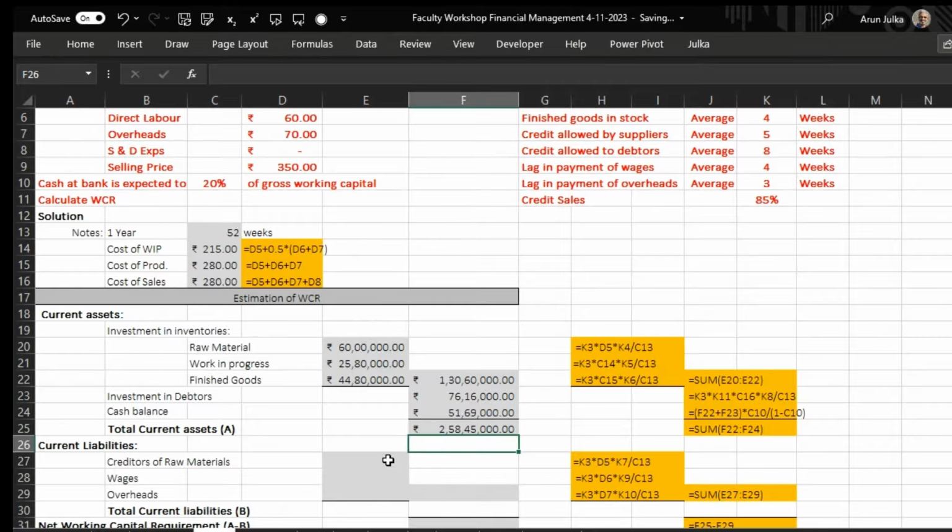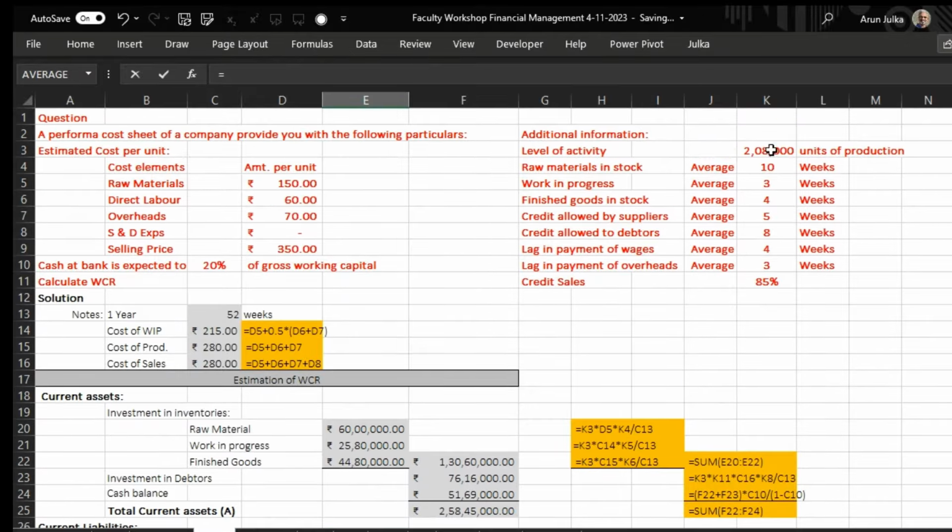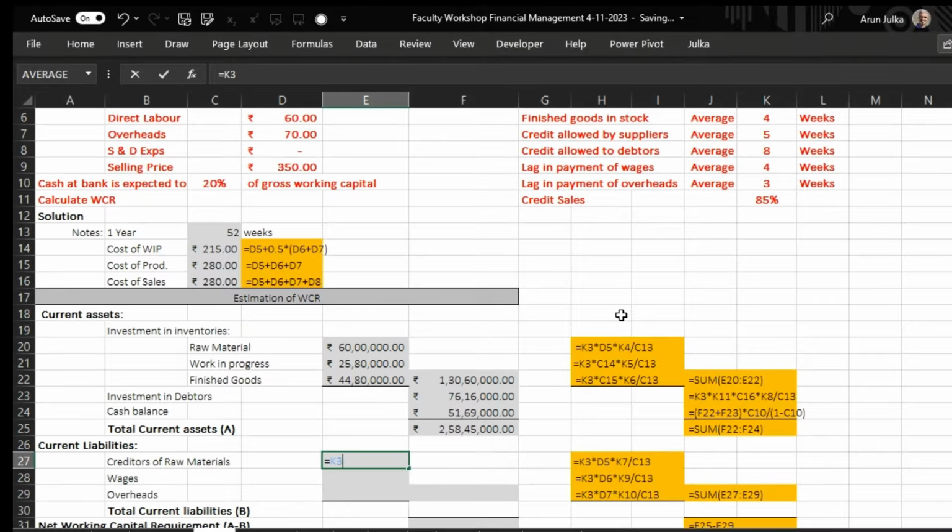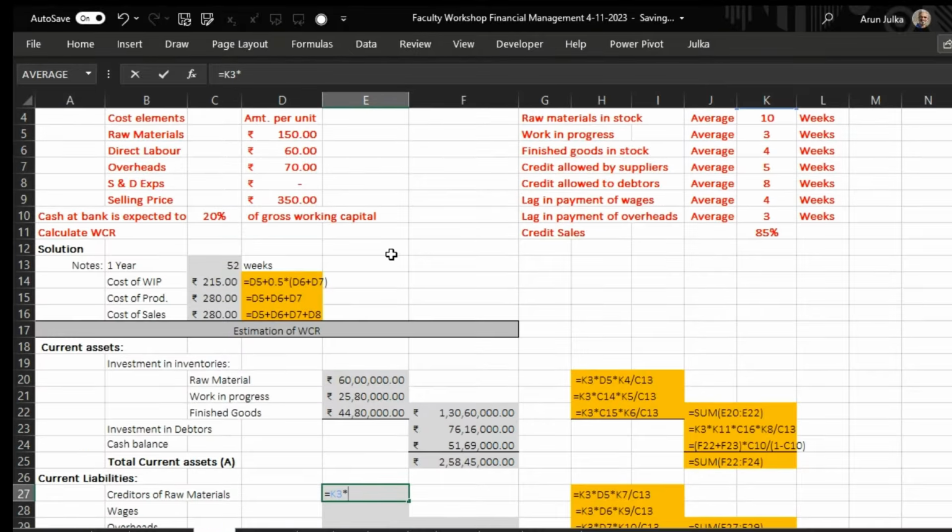In the case of current liabilities, first of all, creditors for raw material: production is 2 lakh 8,000 multiplied by cost of raw material 150 rupees, multiplied by credit allowed by supplier, 5 weeks divided by 52 weeks, and the answer is 30 lakh rupees.